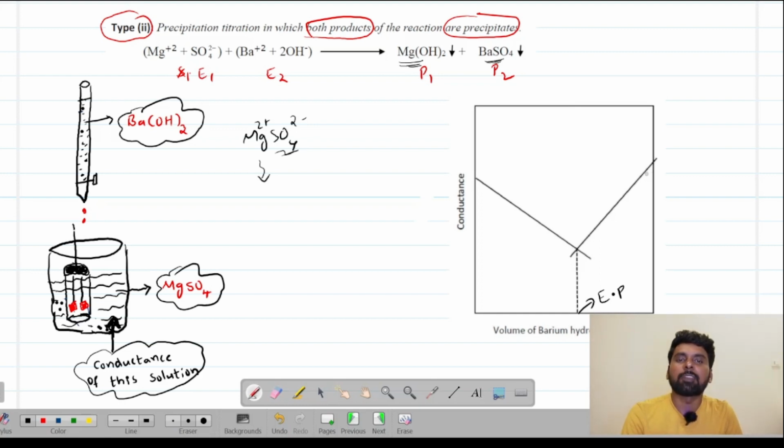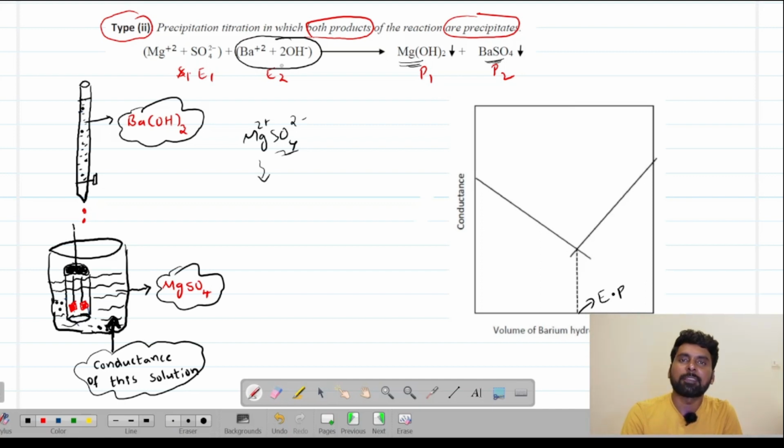After the endpoint, why is it increasing? Once the endpoint is over, all the precipitates are already formed. Whatever excess barium hydroxide you add is soluble in water. Magnesium sulfate and barium hydroxide are both soluble in water; only the products are insoluble.